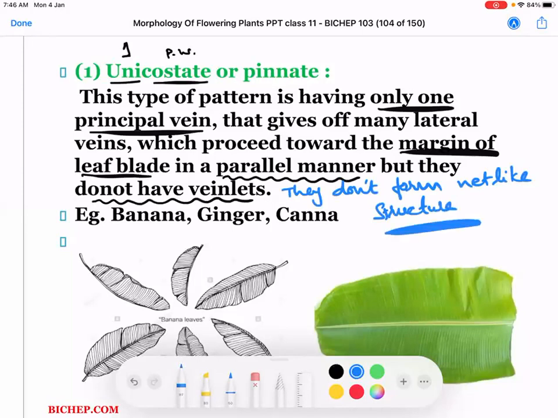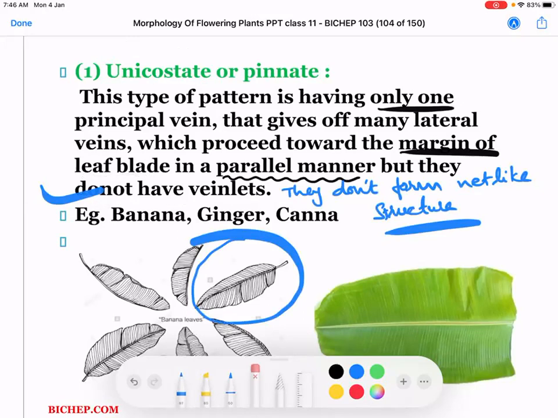Ready? Why don't they make a net-like structure? Because they do not have veinlets emerging from the parallel lateral veins. If you see, a very common example is the banana tree. The banana leaf has so many of these parallel veins, and it does not have those reticular type of veinlets emerging from it, right? So this is a very common example that we have seen around us.